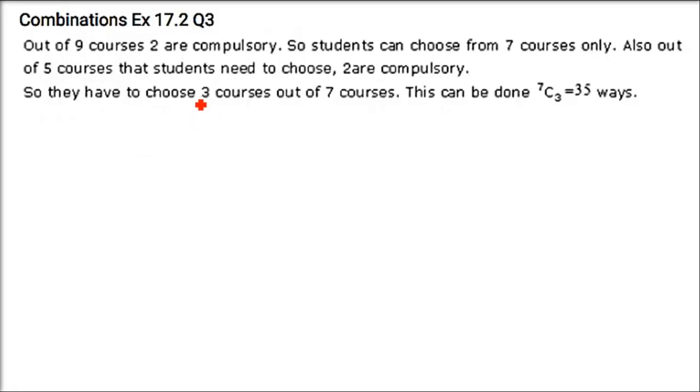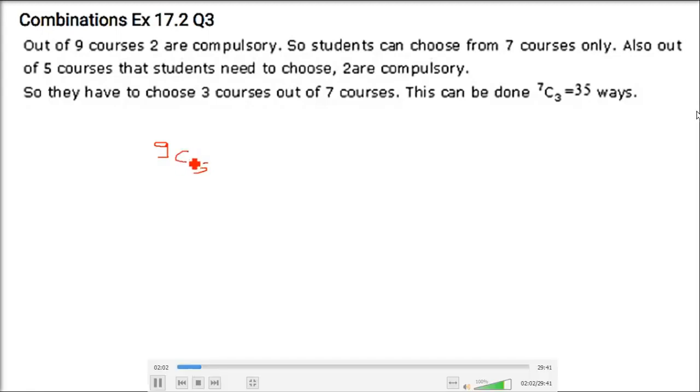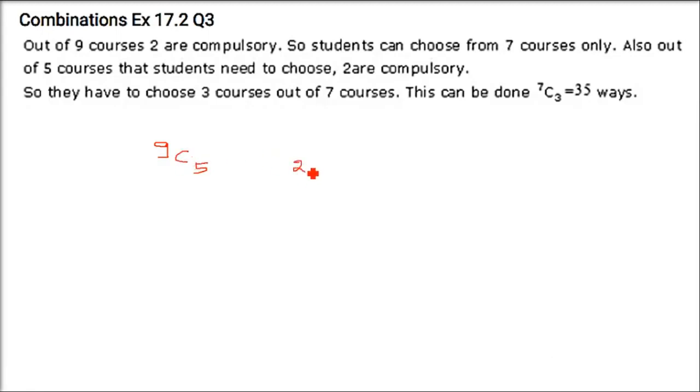In how many ways can a student choose 5 courses out of 9 courses if 2 courses are compulsory for every student? So there are 9 courses in all, and 5 courses have to be selected. But there is a catch: 2 are always compulsory.